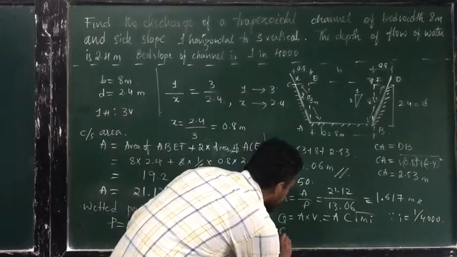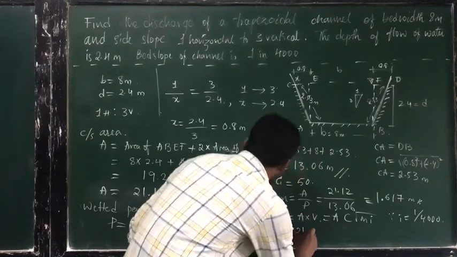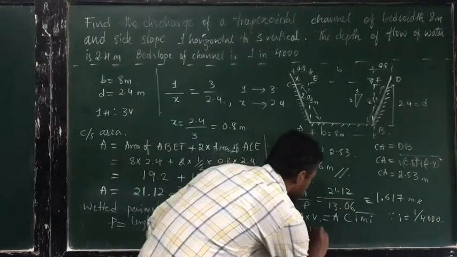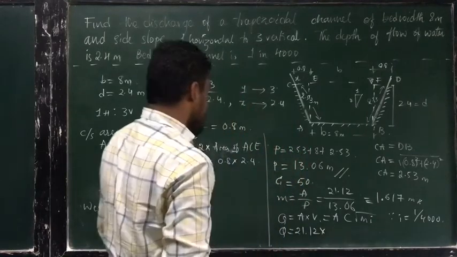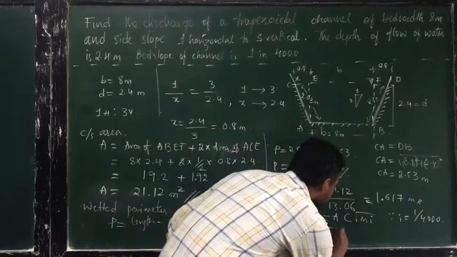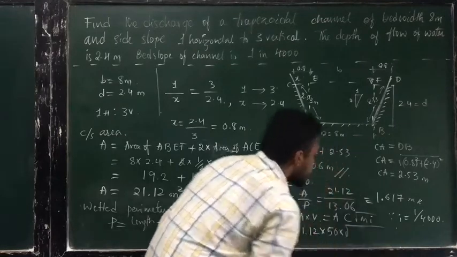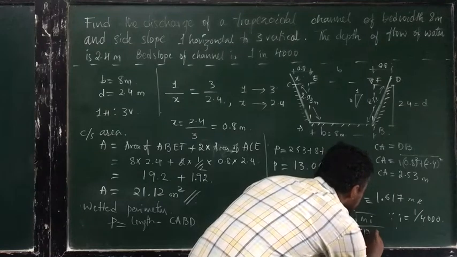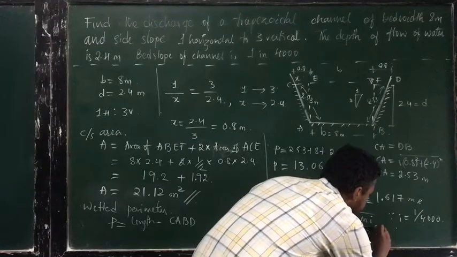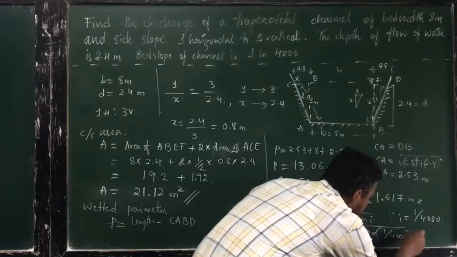So Q is equal to A, which is 21.12 into C 50 into root of M is equal to 1.617 into, I will use the bracket, 1 by 4,000 for I.